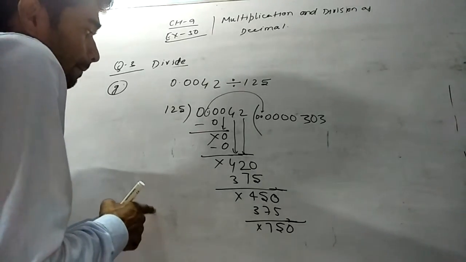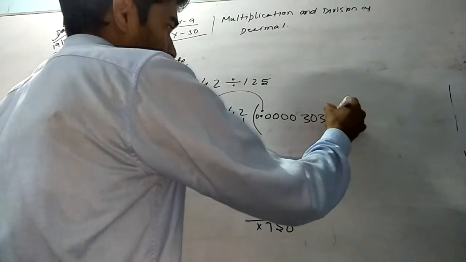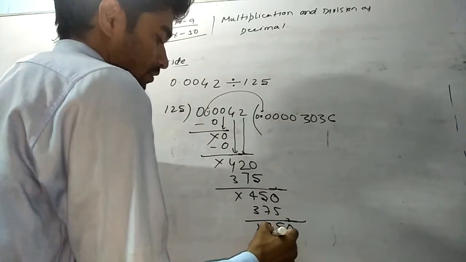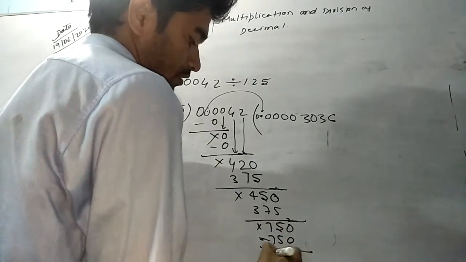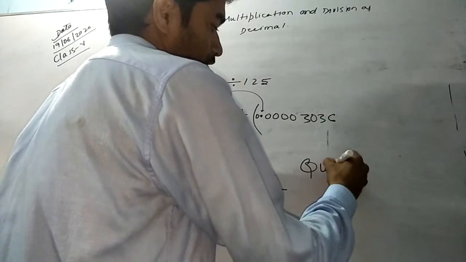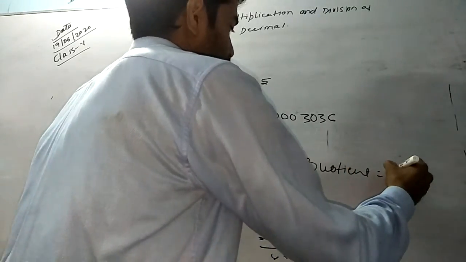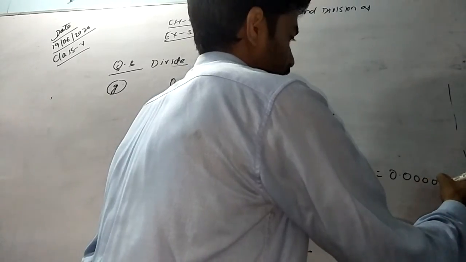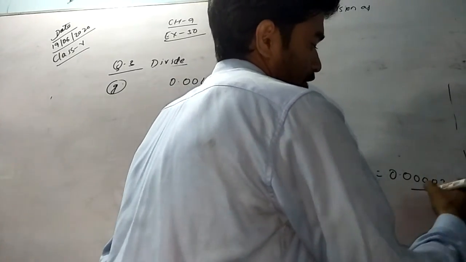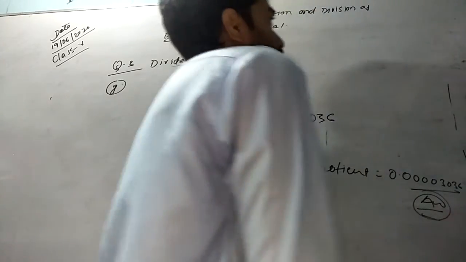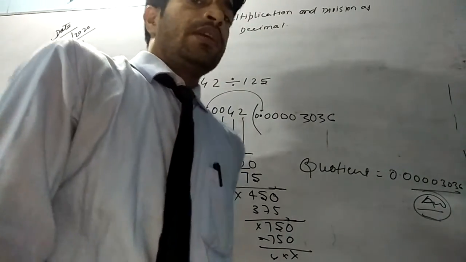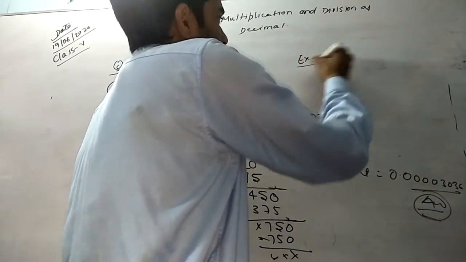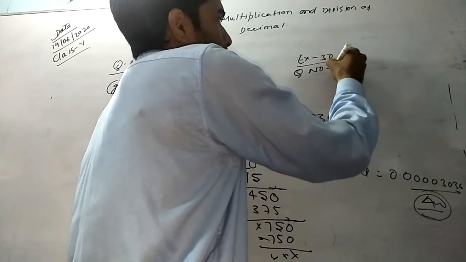So 6 times, the quotient equals 0.00003036, your required answer.